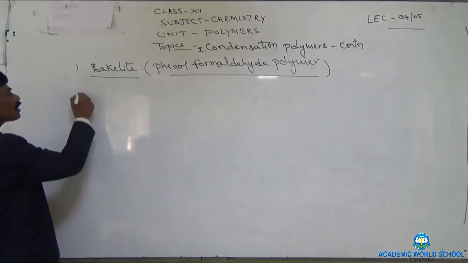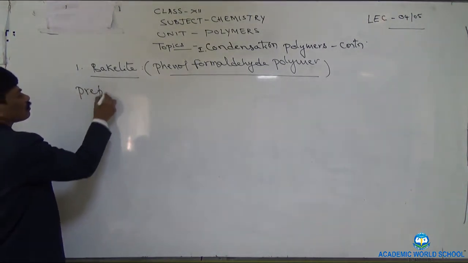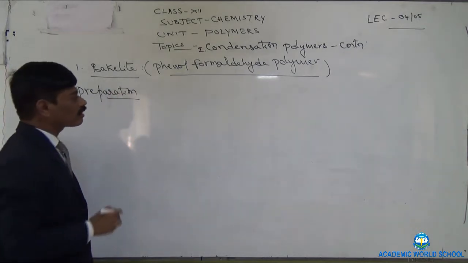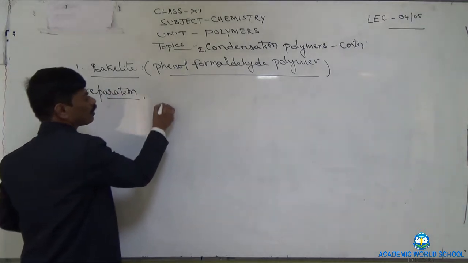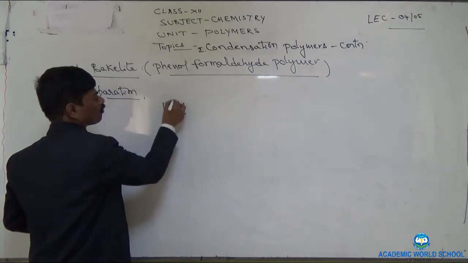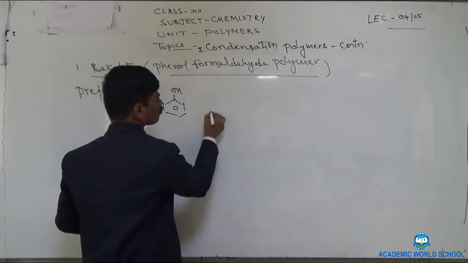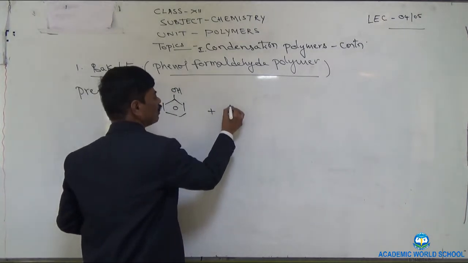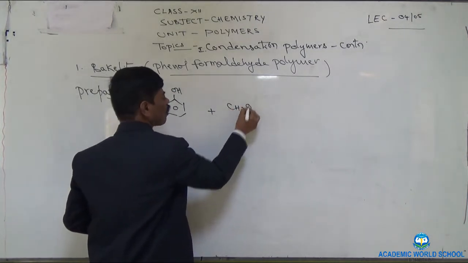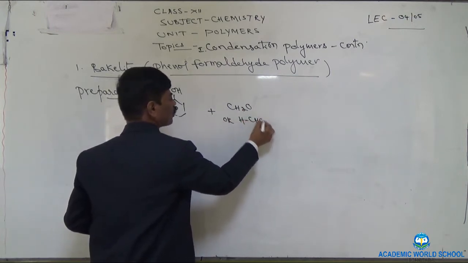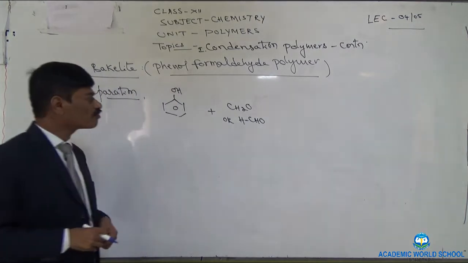As far as preparation is concerned, we require two reactants, namely phenol, one reactant, and the other reactant is formaldehyde. Here CHO is functional group of formaldehyde.